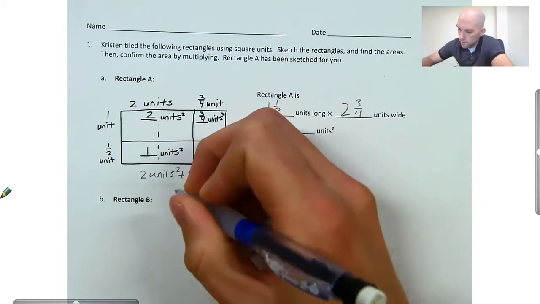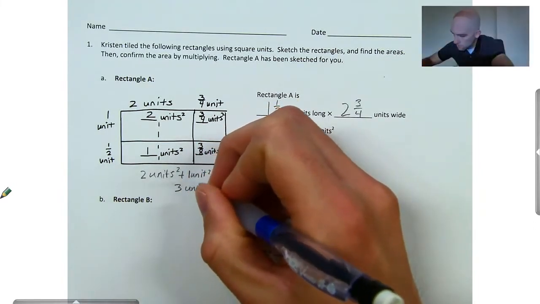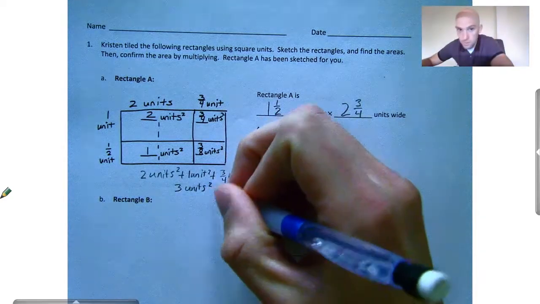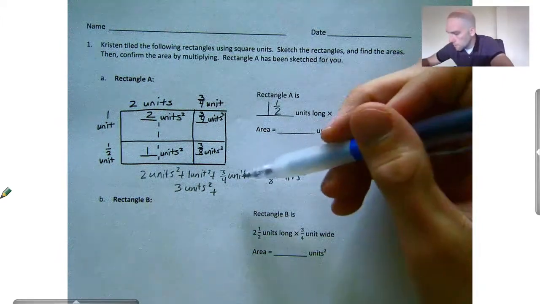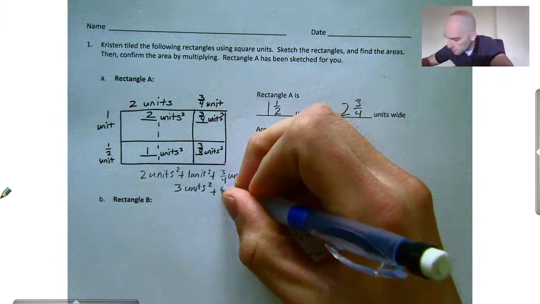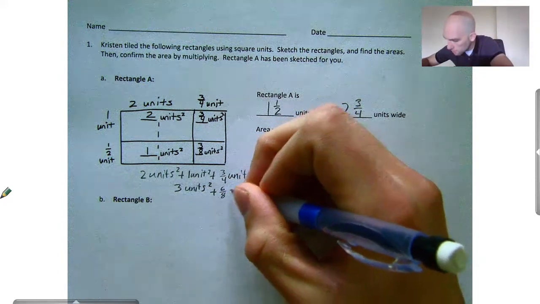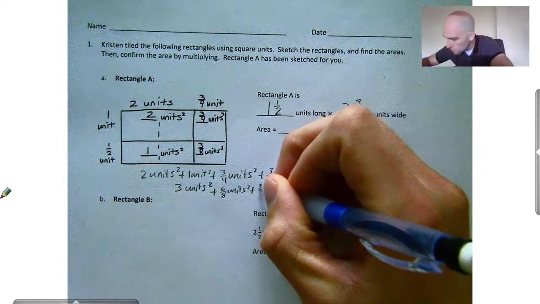Two plus 1 is 3. Plus 3/4 plus 3/8. Well, 3/4 is 6/8. Plus 3/8.